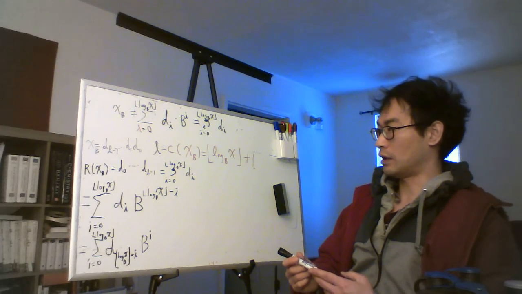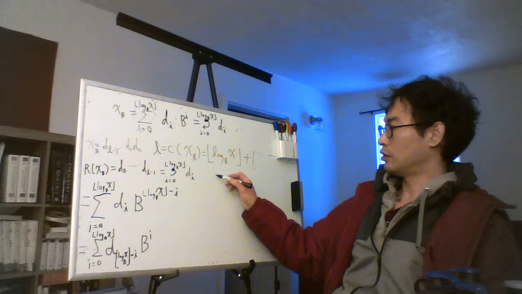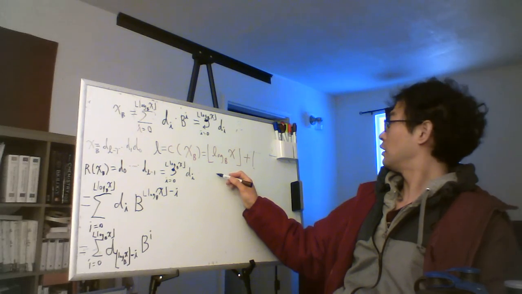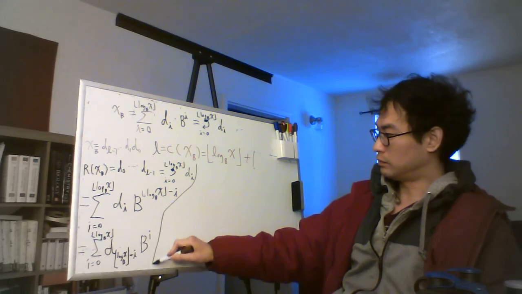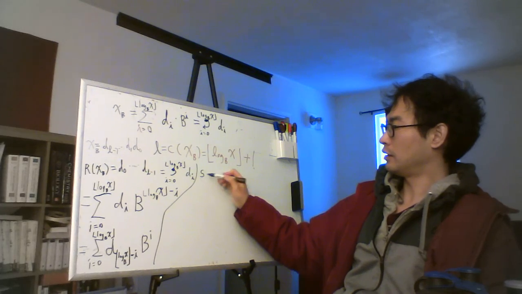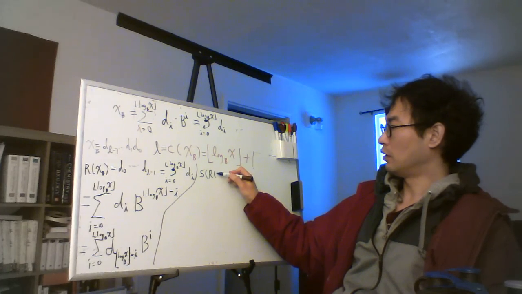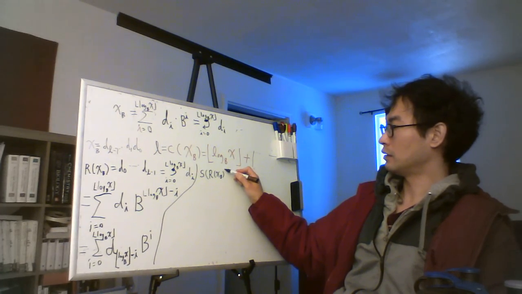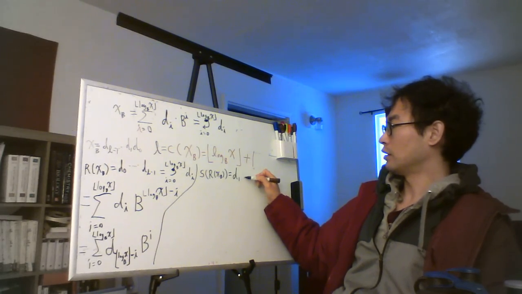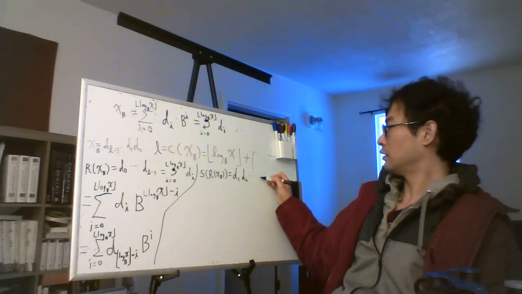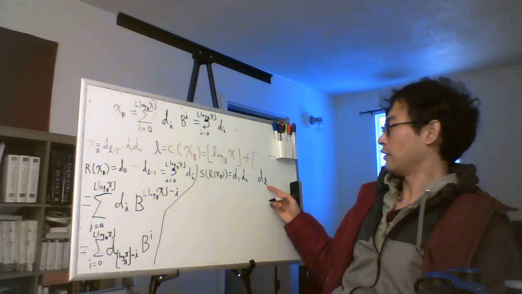So index notation here, such that we call it S for shift, shift of the reversal of x in base b is equal to, we are shifting by 1, d1 d2 dot dot dot, just add 1 everywhere, d to the L, dL.